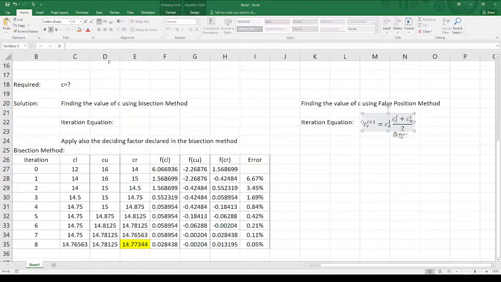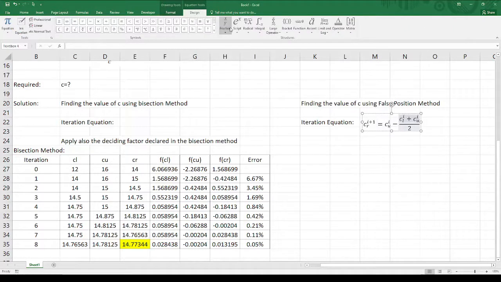CU minus F of CU, F of CU, and then taking the difference between the lower and the upper, so that is minus L, dayon all over.